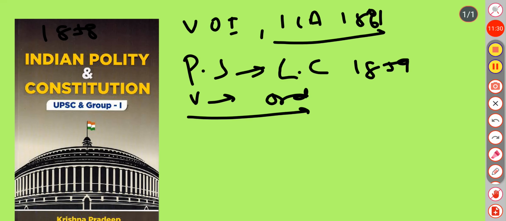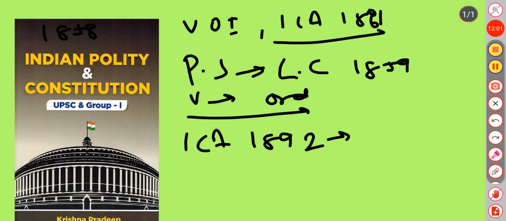Now the Indian Councils Act 1892. So under this act, the non-official members of the Indian Legislative Council were to be nominated by the Bengal Chamber of Commerce and the provincial legislative councils, while the non-official members of the provincial councils were to be nominated by certain local bodies, right?